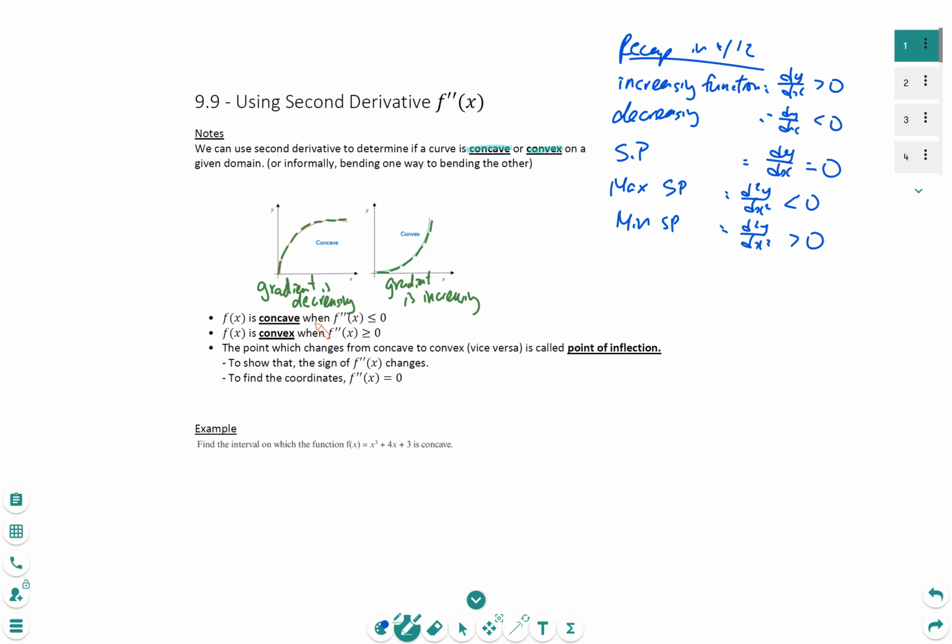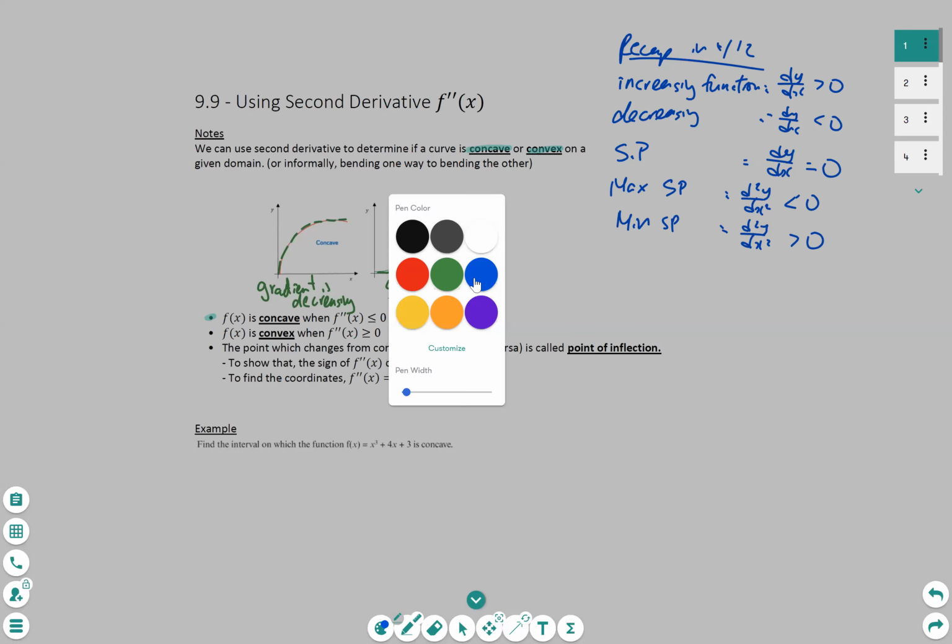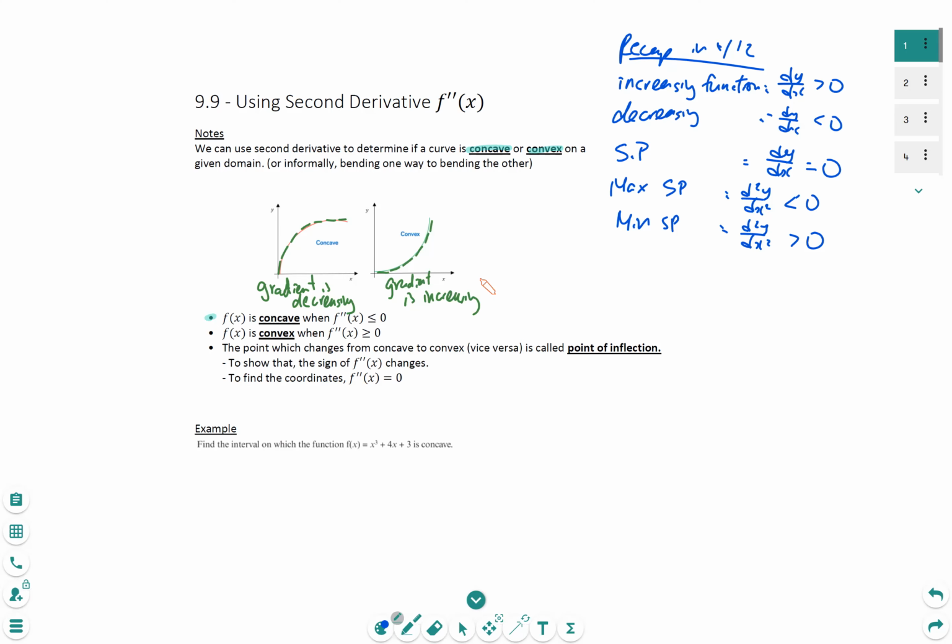In terms of the technical definition, the function itself is concave when, key point, the second derivative is less than or equal to 0. So concave means the second derivative is less than or equal to 0. A convex curve means the second derivative is greater than or equal to 0.